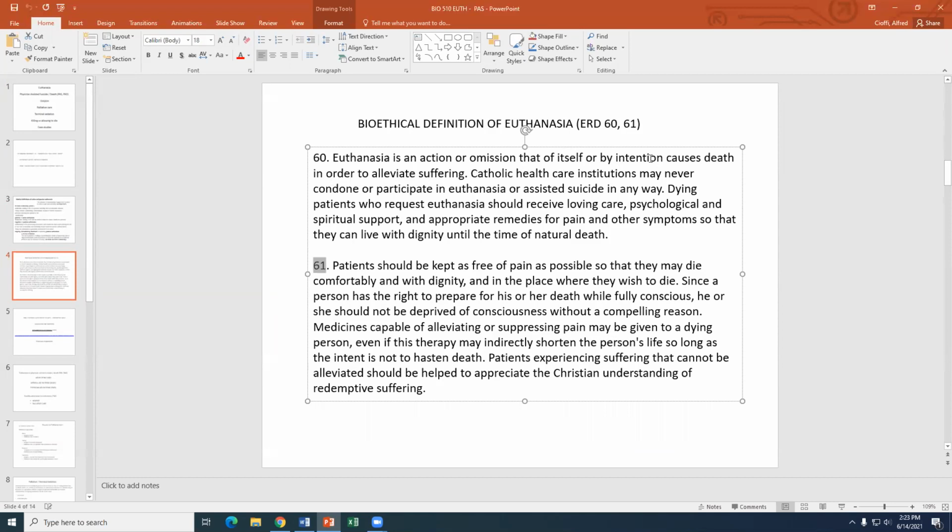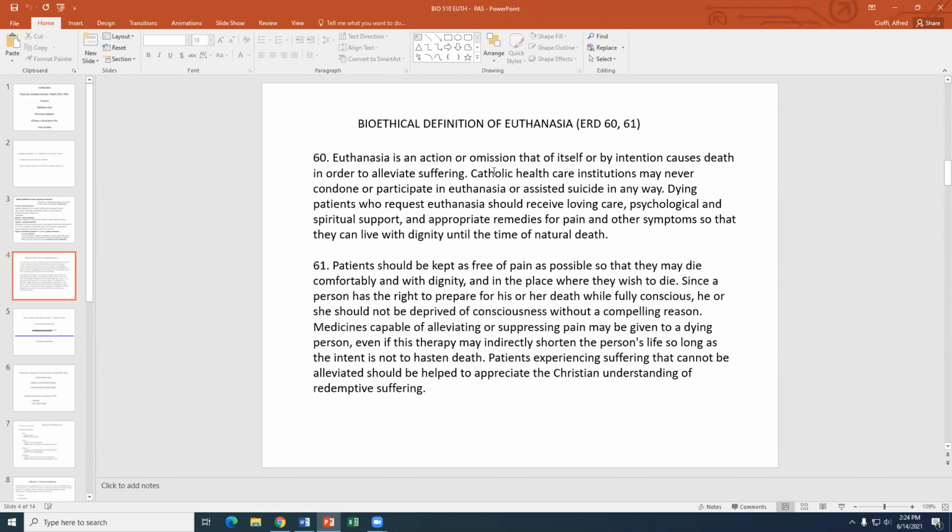So it's causing the death of the patient, all right? And it can be either a commission or an omission by denying basic care. We'll look at care again and the four basic things that make up minimal care.